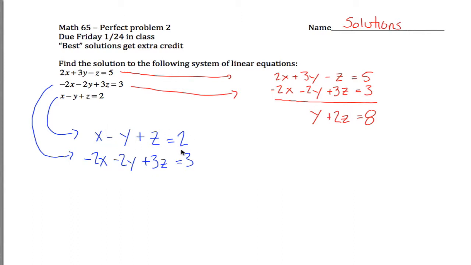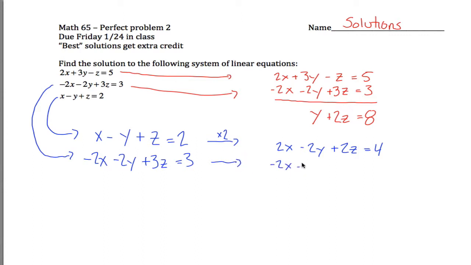The reason you choose 2 is because you'll end up with 2x here, and you already have negative 2x here, so when you add those up, they cancel out. So let's multiply the top equation by 2, and we get 2x minus 2y plus 2z is equal to 4.